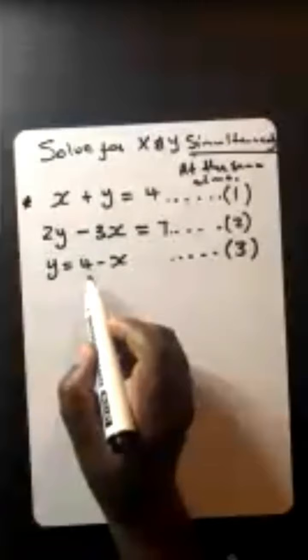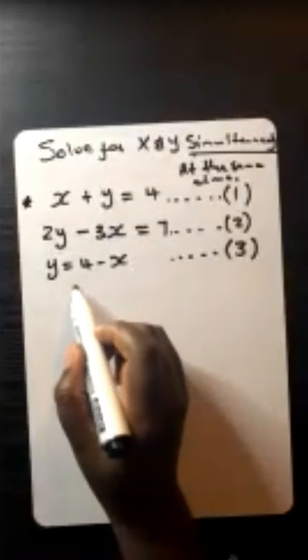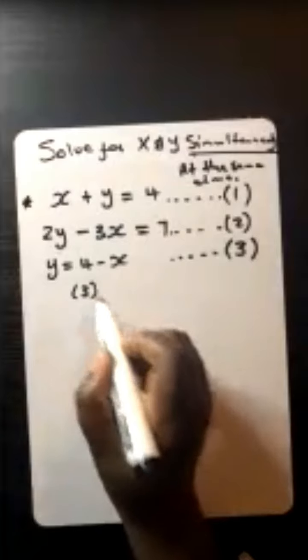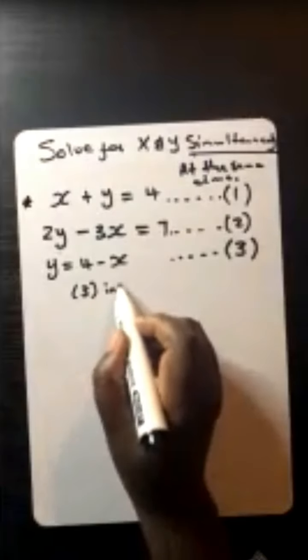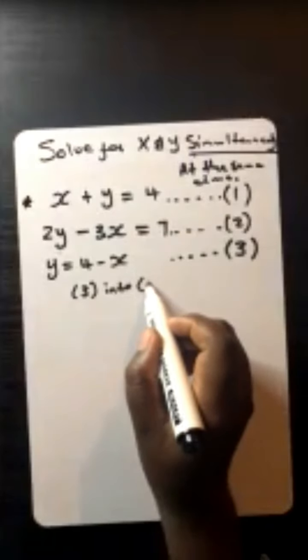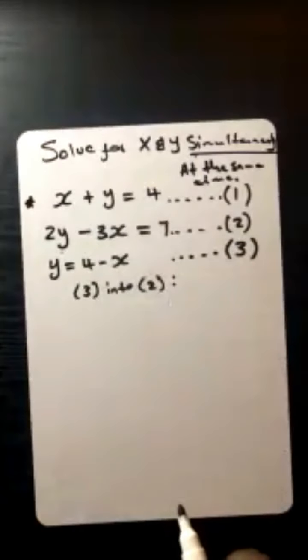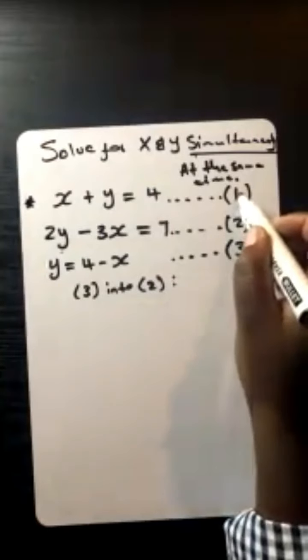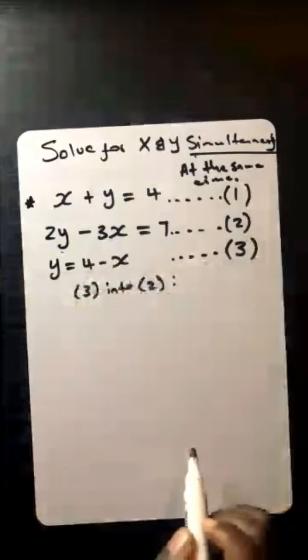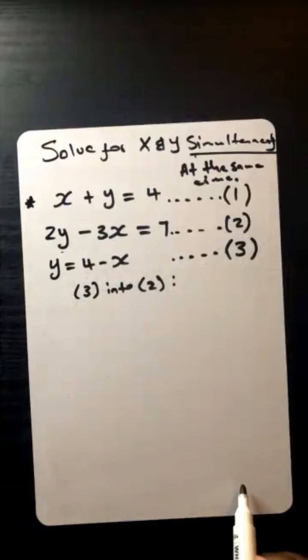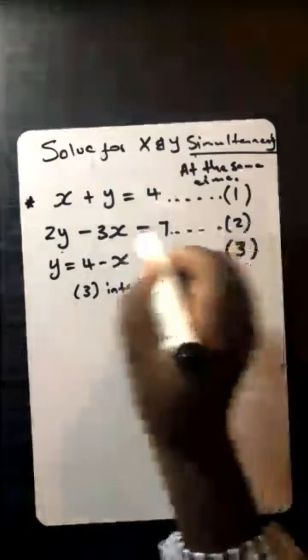So I'm going to substitute, remember this is equation 3, into equation 2. Obviously not into equation 1, because I used equation 1 to derive equation number 3. So I'm going to use equation number 3 to substitute into equation number 2.